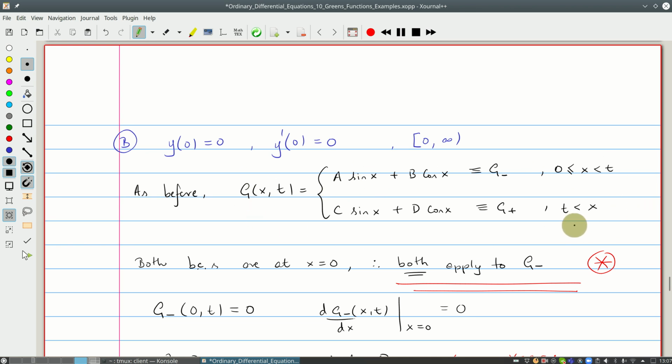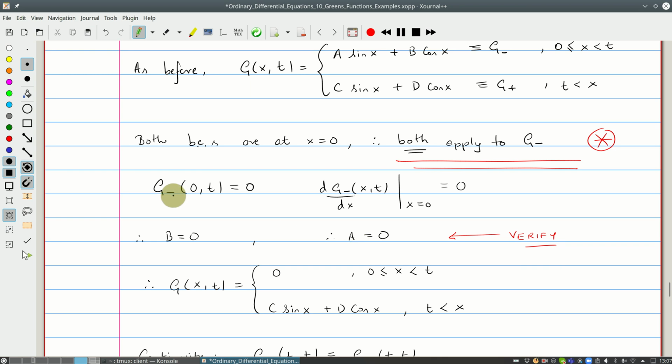But now let's apply the boundary conditions. So both boundary conditions apply at the point x is 0. That means both boundary conditions are at this point here, which then apply to the g minus solution. There's no boundary condition for g plus.